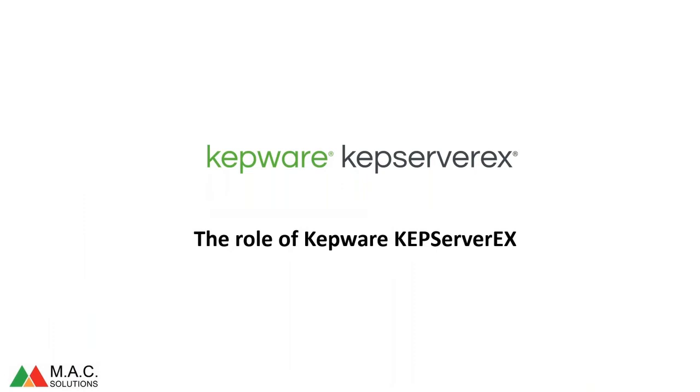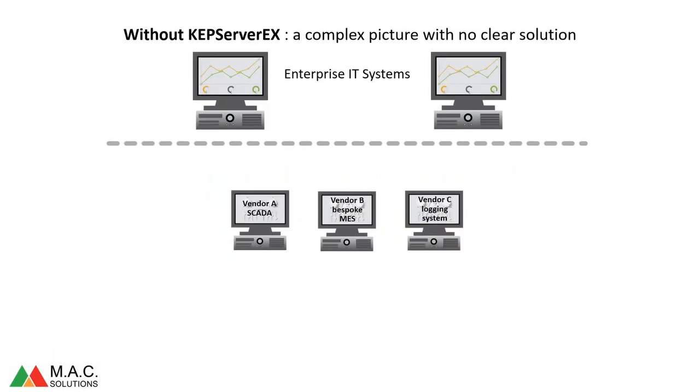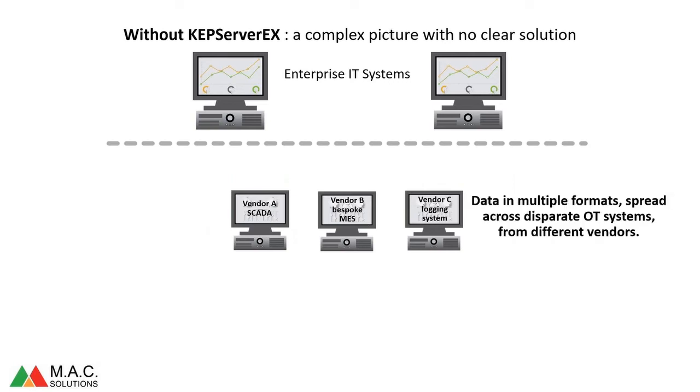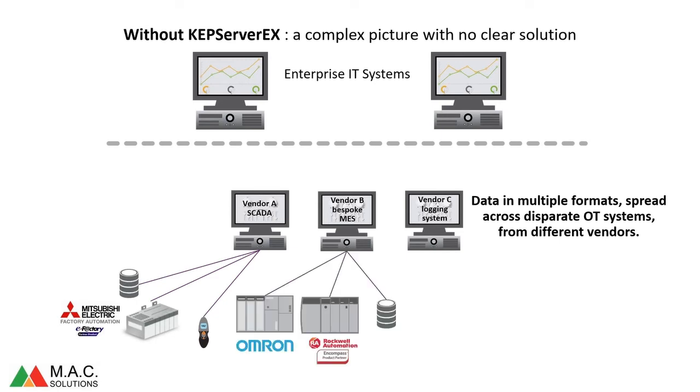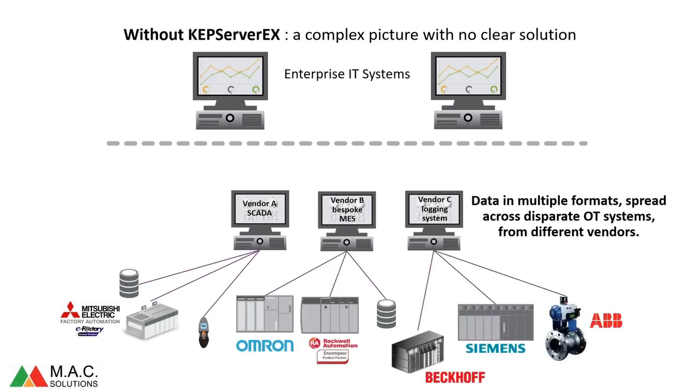So what are the different roles of the software products that we sell? Where do they fit in these topologies, and what do they uniquely do? KEPServer is at the lower levels, typically for doing the comms to devices. Without KEPServer in place, you might have disparate systems on your shop floor, maybe from different vendors, talking to different bits of equipment. You won't be seeing all the data in any one particular environment.